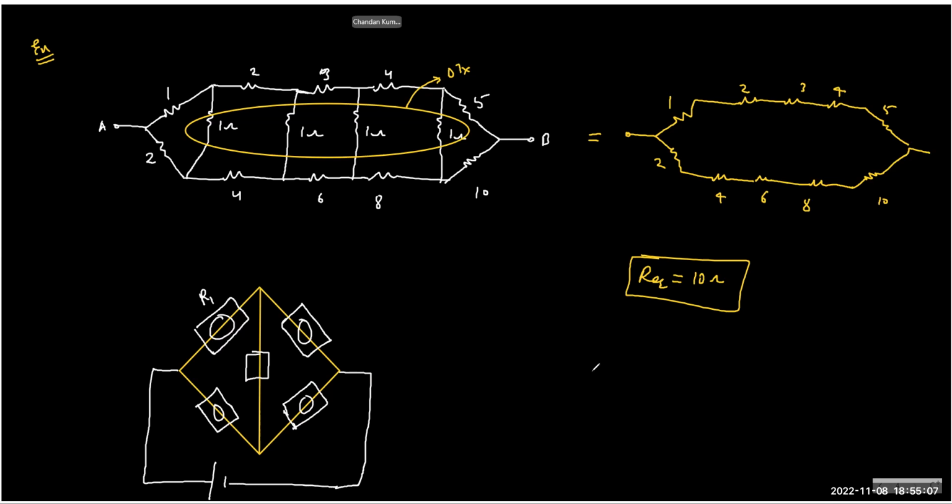So you have to convert something not so nice into nice. The moment you see it's not a parallel-series combination question, think about mirror symmetry, think about Wheatstone bridge, think about short circuiting, think about redrawing the circuit, think about the isopotential points.